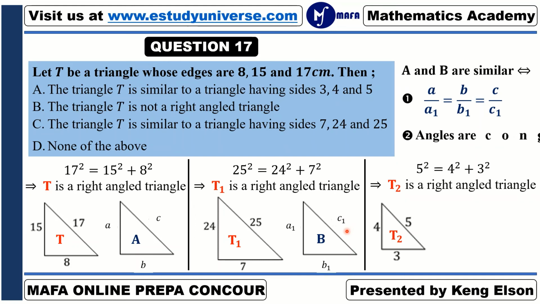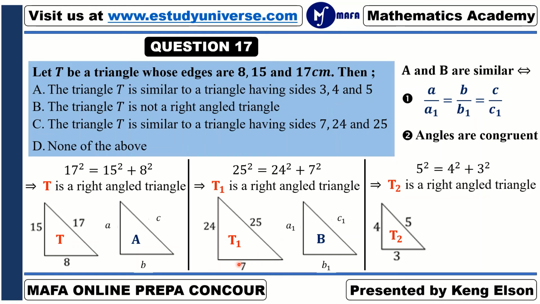The second condition is that the angles in those triangles must be congruent, meaning they must be equal. But to actually solve this question, we are going to dwell on the first case, meaning we do the ratio between the corresponding sides and verify if they are the same.